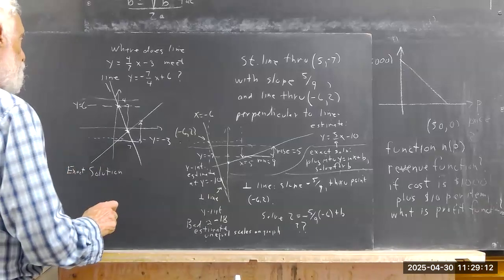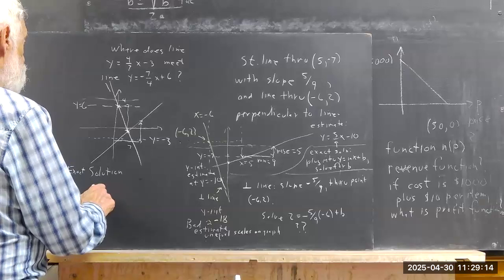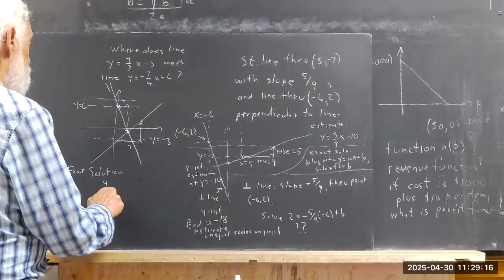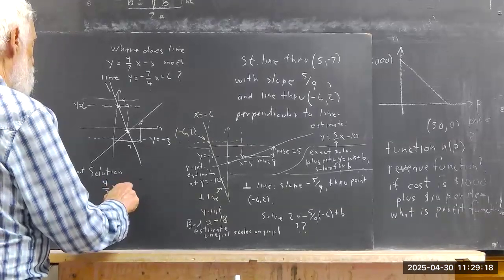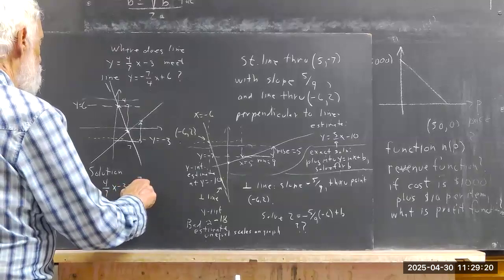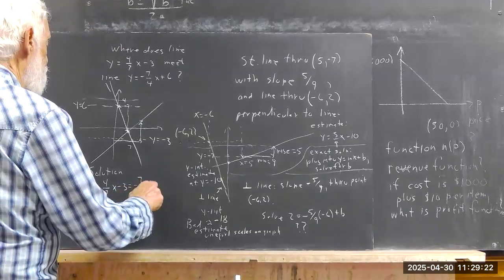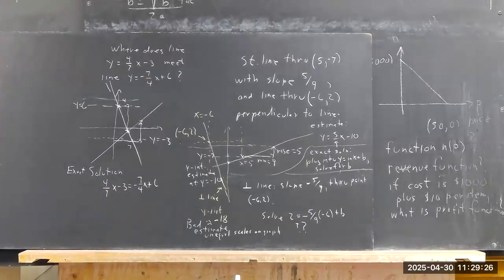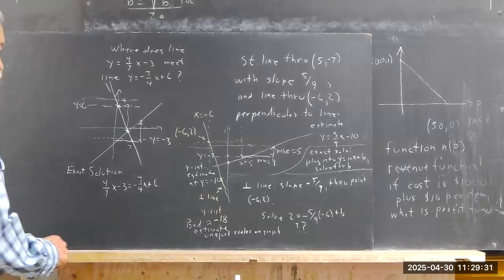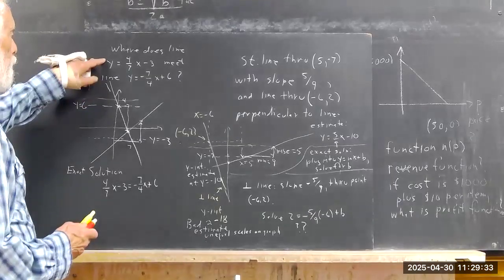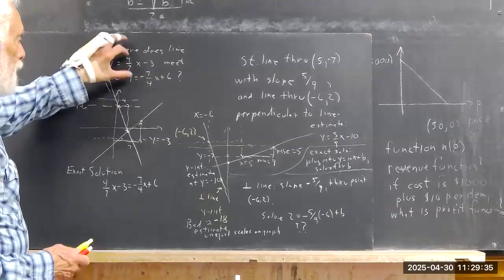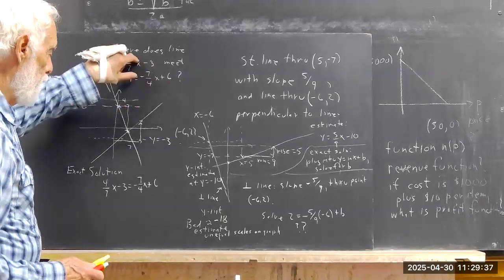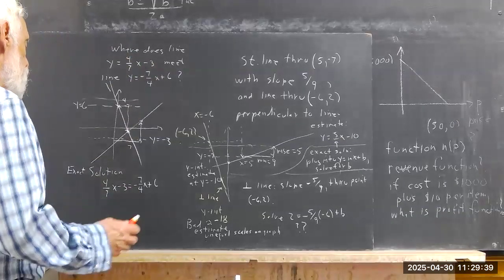The exact solution is x minus 3 equals -7/4 x plus 6. Because the y coordinates have to be the same, I can set this equal to this and find the x coordinate where they meet.